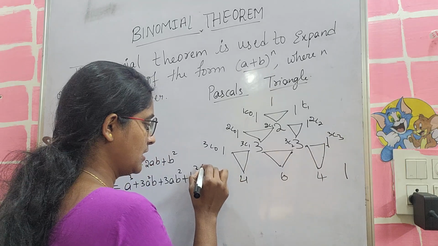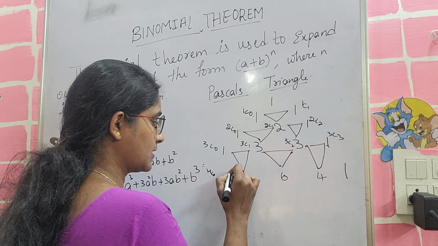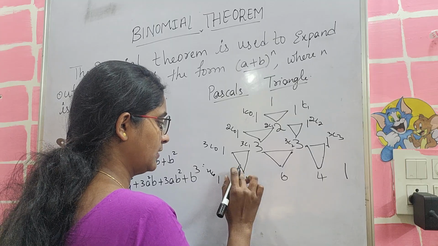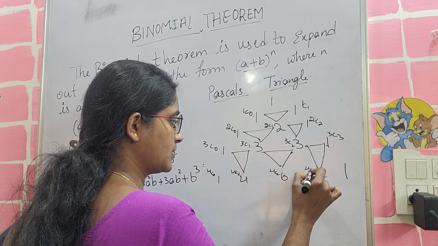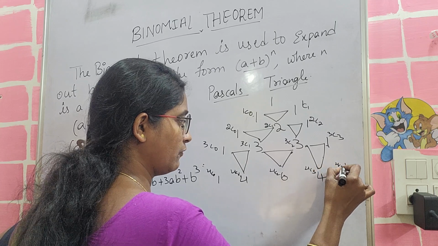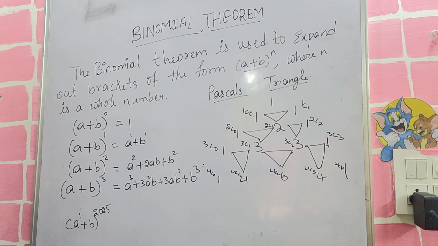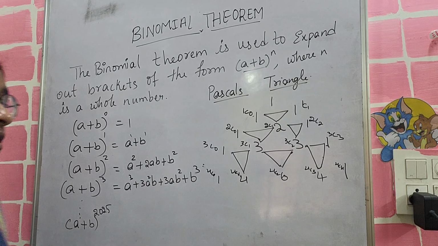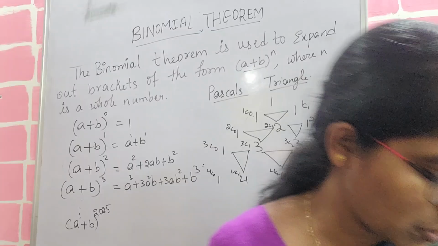Then here it is 4, so 4c0, 4c1, 4c2, 4c3, and 4c4 is yours, right? And this is a pattern, like that it's going to be.